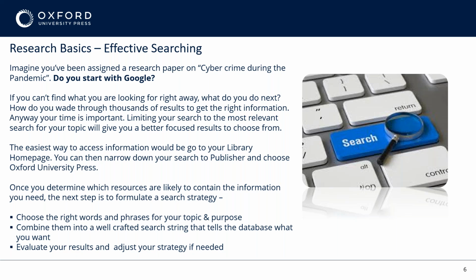That I'm looking for poverty, I'm looking for economic inequality, and I'm looking for, let's say, jobs. This is how I want to look for it. And then you can evaluate your results. If you still don't get what you want, you can keep adjusting your strategy to search.